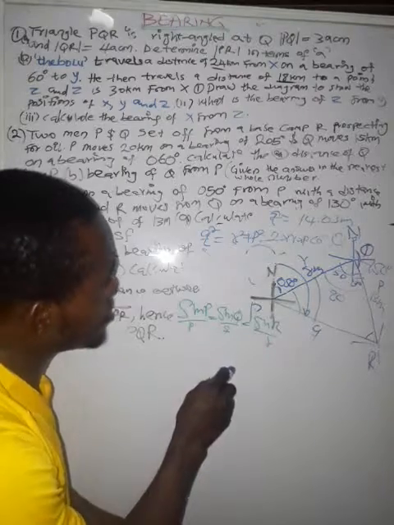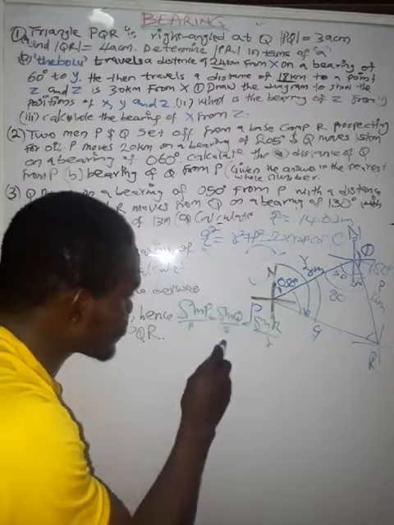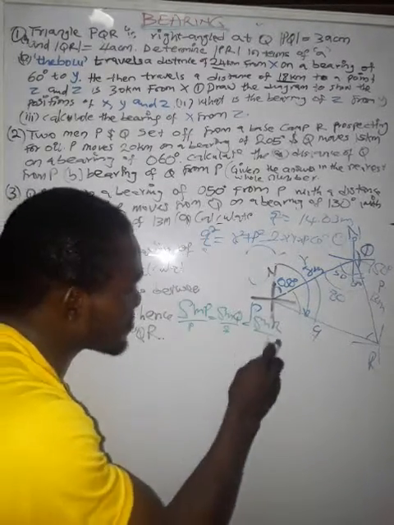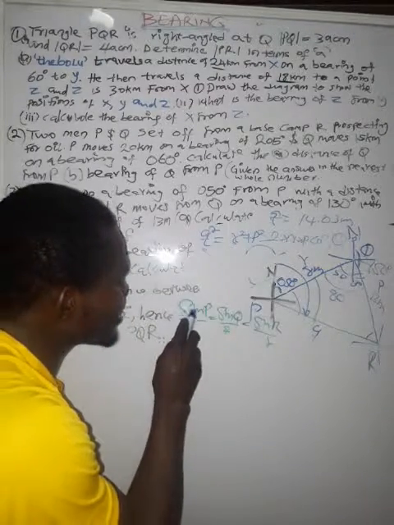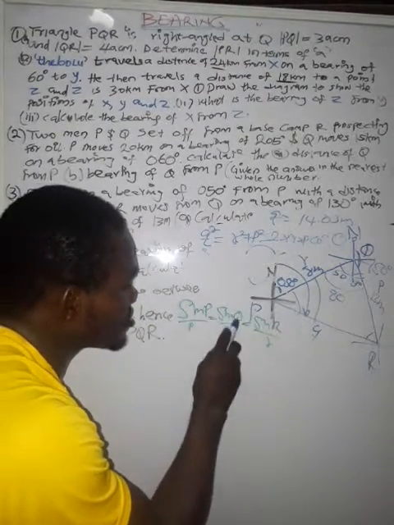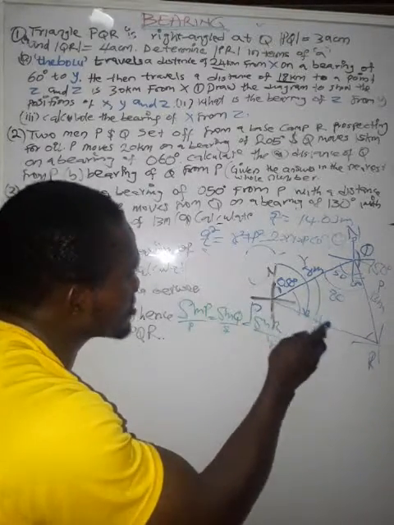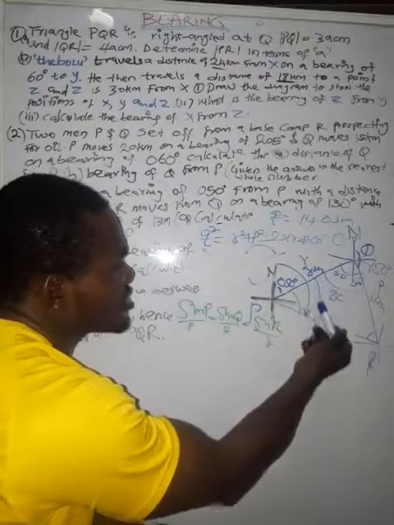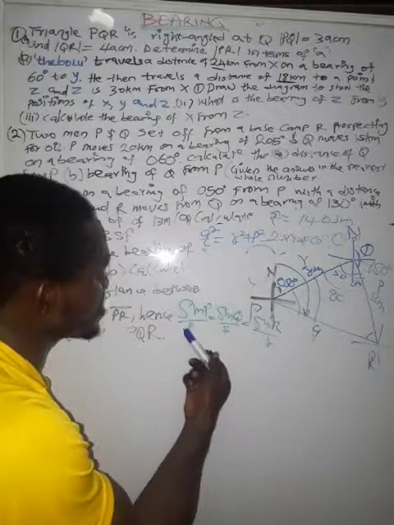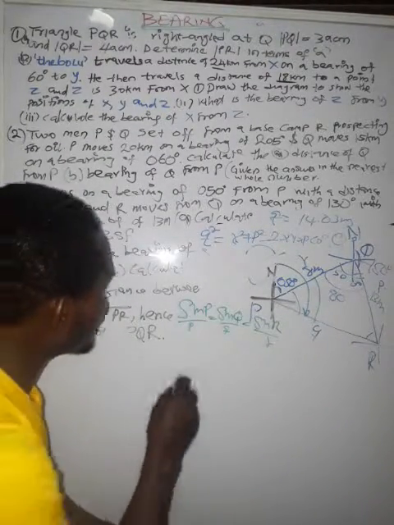Okay, which one is completed? This one is the completed one, and this one is half completed. Now I have to use this and this because my focal point is to calculate this angle, which includes P. So let's substitute the values.